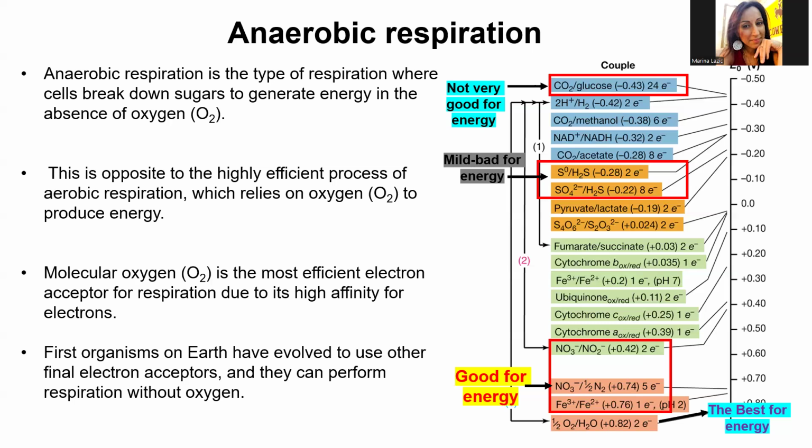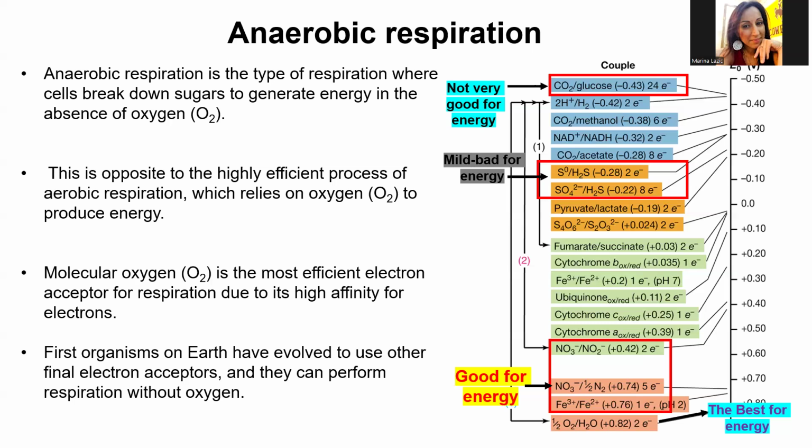Molecular oxygen is the molecule that changed the world, actually shaped the planet the way it exists now, and it has a high affinity for electrons, which means it's the best terminal electron acceptor. That's why we say it has a highly positive redox potential.